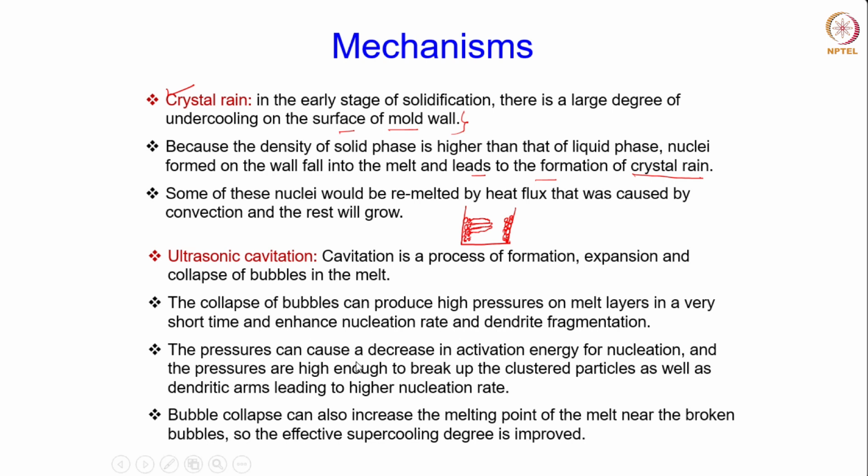And the pressures can cause a decrease in the activation energy for nucleation. So that is again related to the nucleation rate. If the activation energy is reduced, then more nuclei will form in a given time, leading to a high nucleation rate. So that again comes about due to the fact that the pressure generated by this cavitation effect leads to a decrease in the activation energy for nucleation.